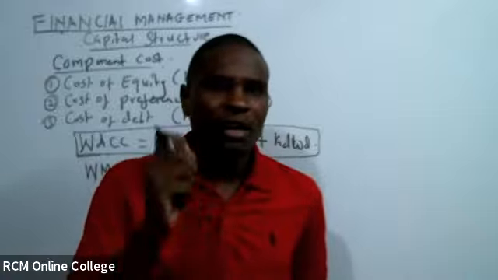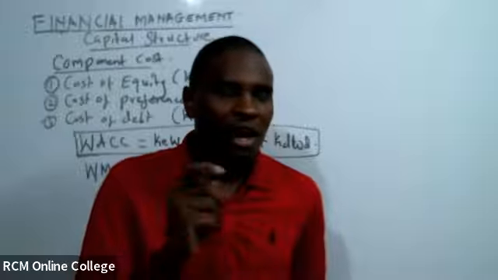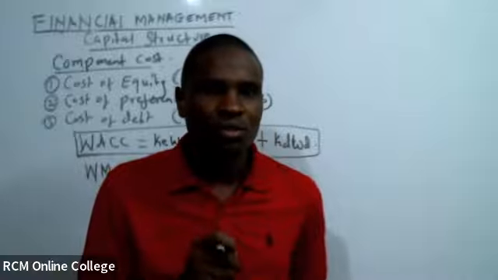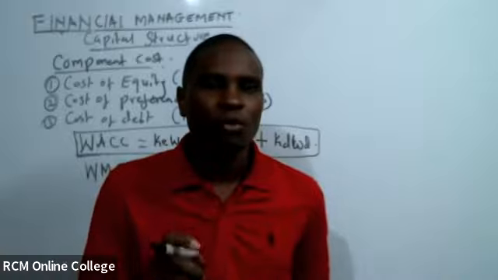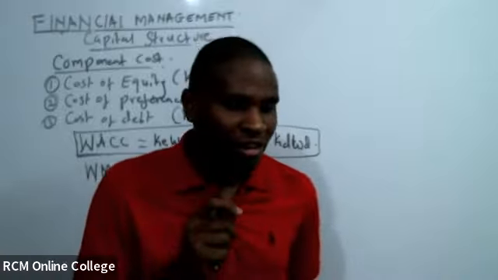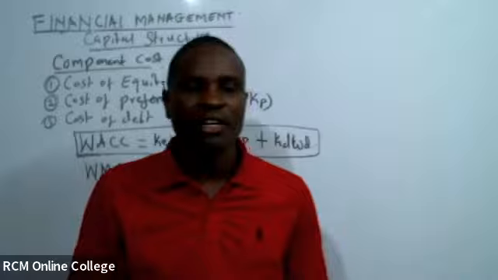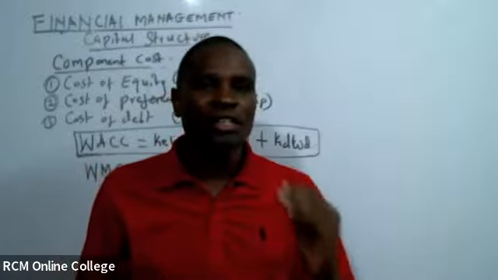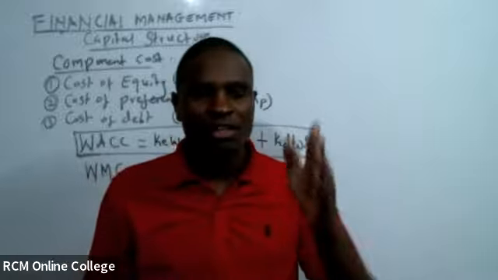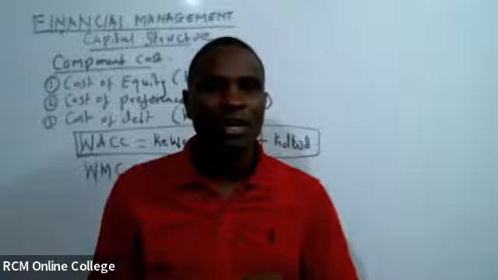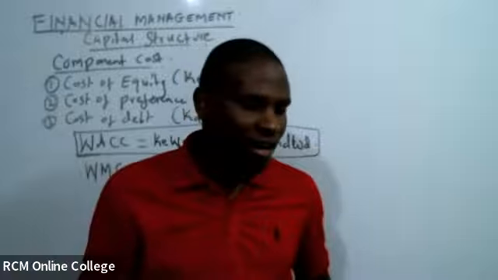Remember, we have ordinary share and the retained earning as the sources of finance, and therefore, under weighted average cost of capital, we prefer using the ordinary share and ignore reserve or the retained earning. But that is now utilized when it comes to the weighted marginal cost of capital. So even if the question has the reserves or the retained earning, kindly don't even compute the cost of that retained earning.